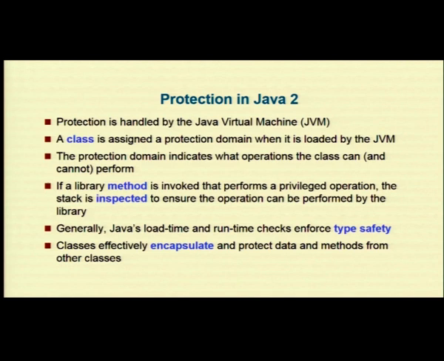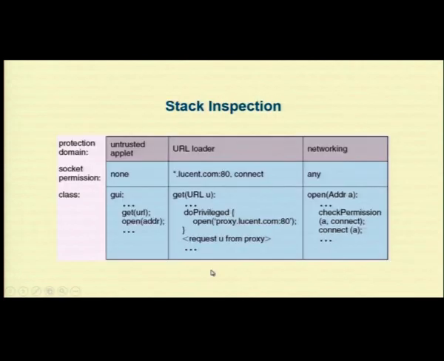Protection in Java: I have talked about Unix and many other things. Language based protection: Java itself has fantastic packages that talk about protection, best handled by the Java virtual machine. We talk about stacks, and today protection is available across all resources in this method of access matrix.